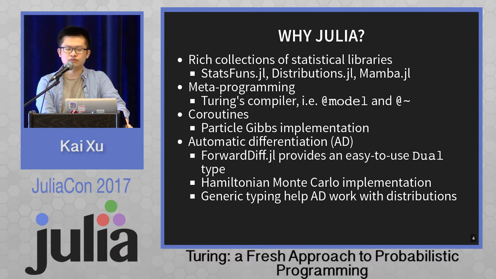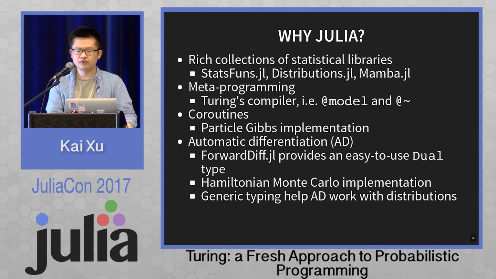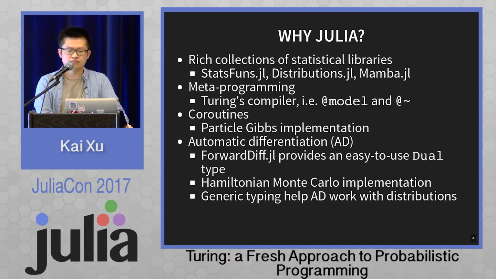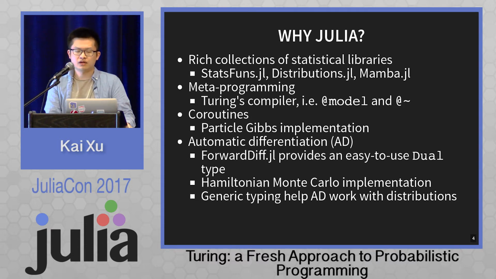So why did we choose Julia to implement Turing? The first reason is that Julia has a rich collection of statistical libraries. We are using some functions from StatsFuns, and we are highly dependent on the Distributions package because probabilistic modeling uses lots of distributions. We also use the Mamba package to summarize the MCMC chain we produced.